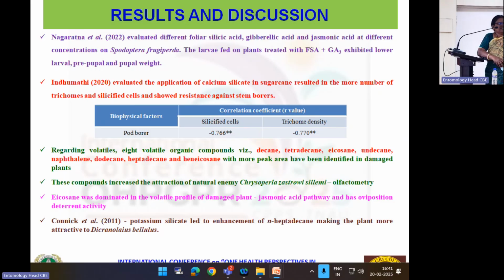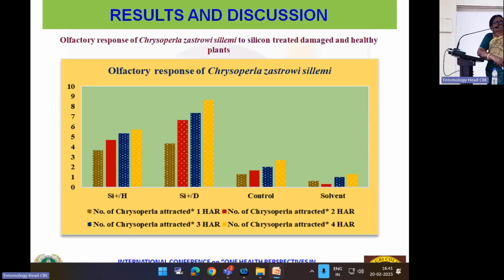Among these volatiles, ecosine was dominant in the volatile profile of damaged plants, which activates the jasmonic acid pathway, and this compound has ovipositional deterrent activity. Koenig and co-workers 2011 reported that the application of potassium silicate led to enhancement of N-heptadecane, making the plant more attractive to predatory beetles.